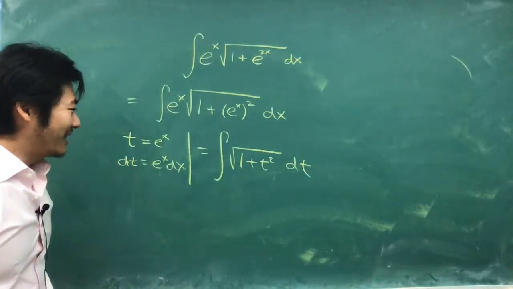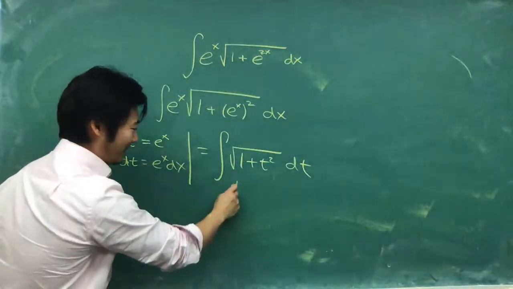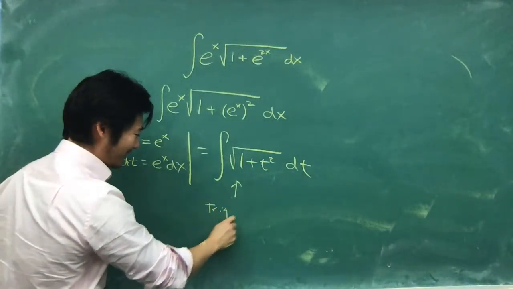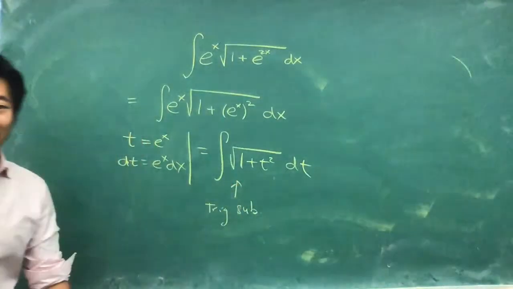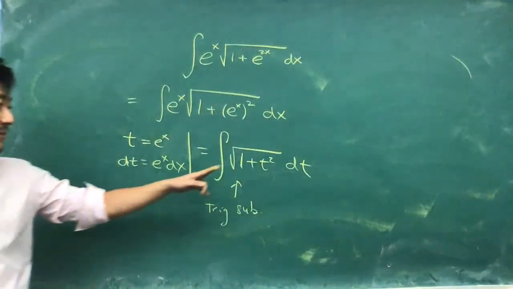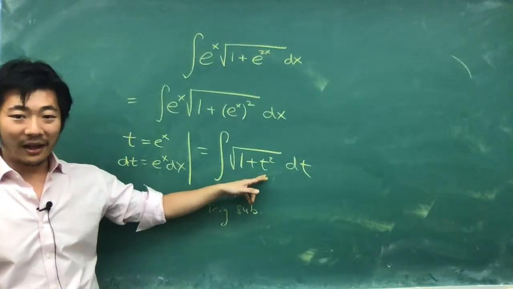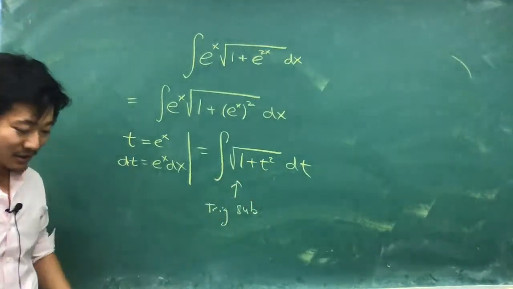Anyways, so then this becomes a trig substitution, because it's some number plus something squared. And then this is going to be tangent.